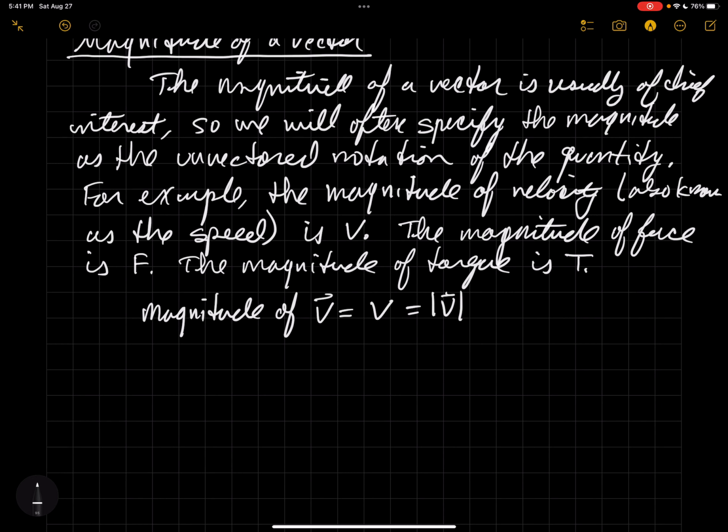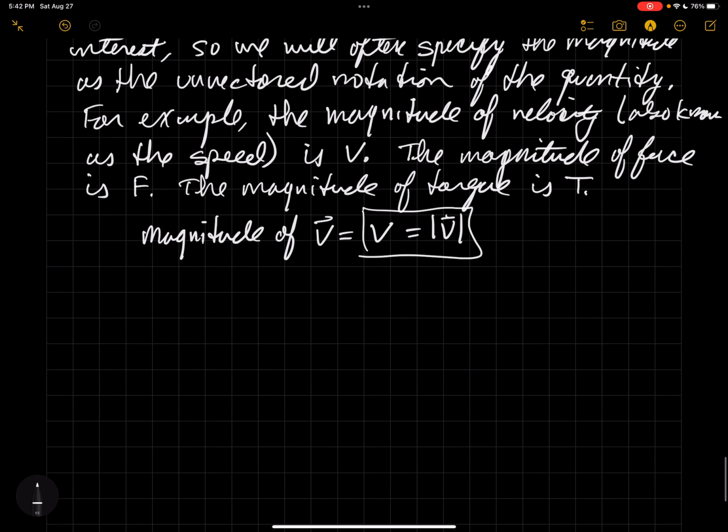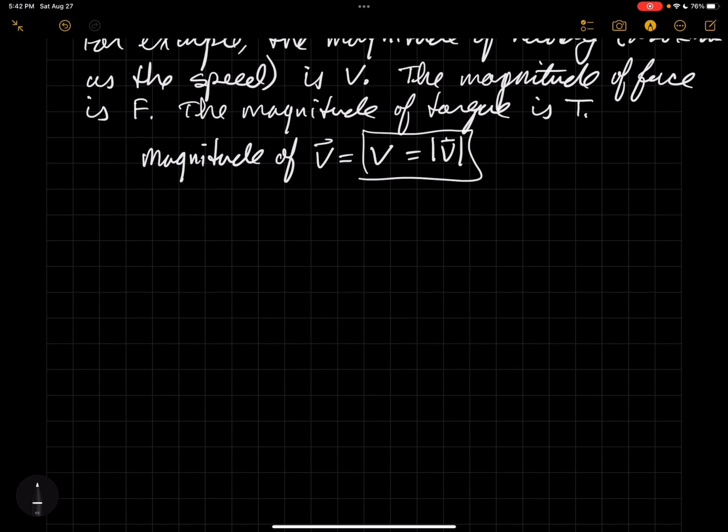So in this case, the magnitude of the velocity vector is the two parallel bars surrounding the velocity vector notation. These two elements on the right-hand side are both commonly accepted ways of indicating the magnitude of a given vector.